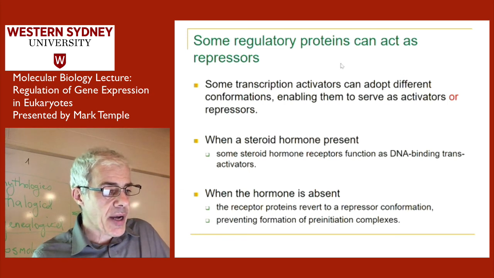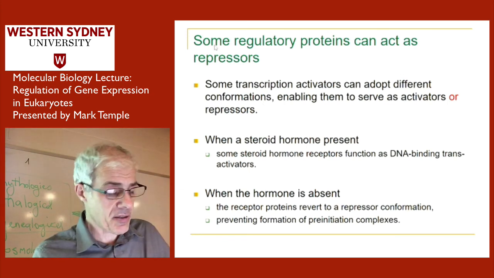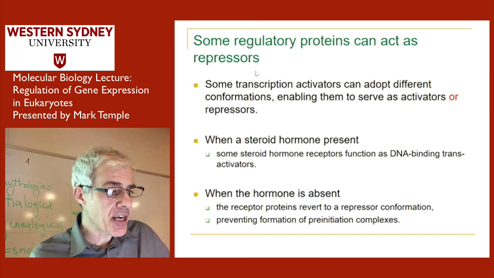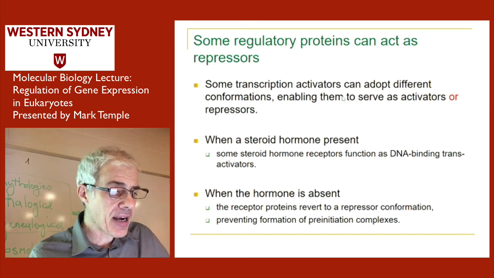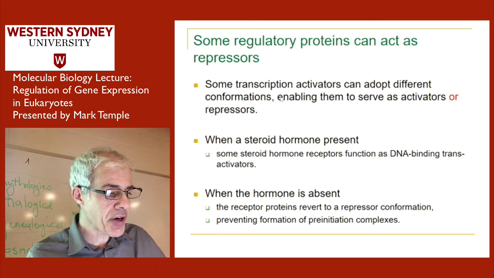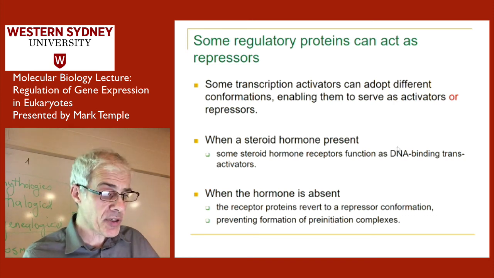Some proteins can also act as repressor proteins. That's not surprising. So effectively, by modifying the structure of these proteins, you can enable them to act as activators or repressors. And this story is effectively talking about proteins such as steroid hormone receptors.